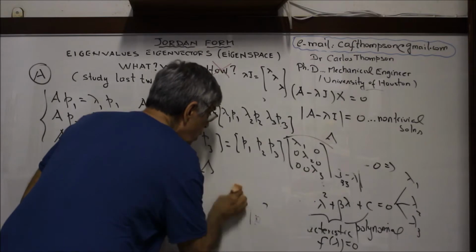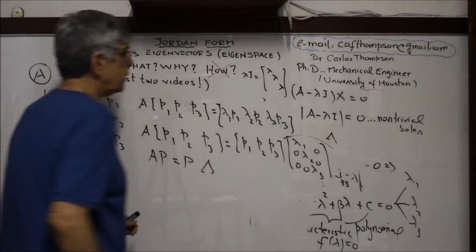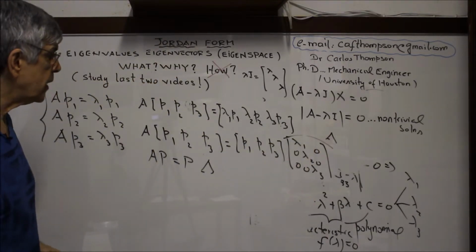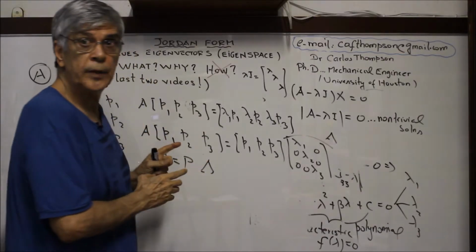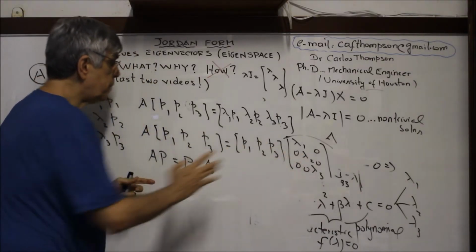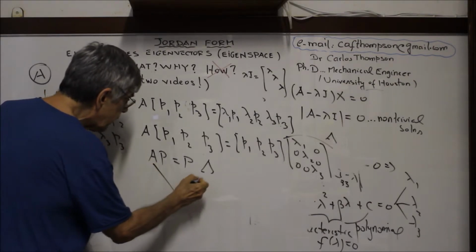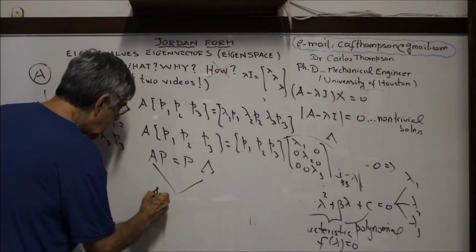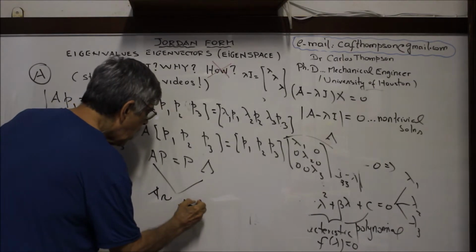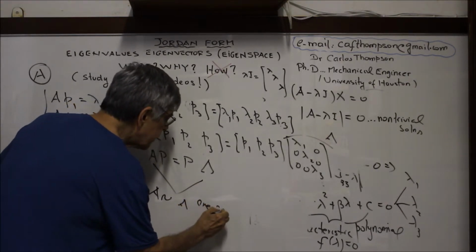So AP is equal to P lambda, and A and lambda are similar matrices.